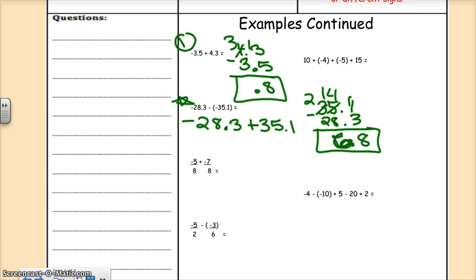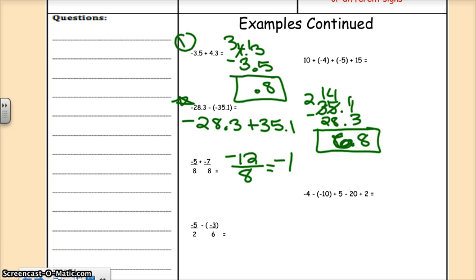The next one, negative 5 over 8 plus negative 7 over 8. That's nice and easy. I know that I have two of the same signs, so I just add them up. 5 plus 7 is 12. Keep it negative over 8. 8 goes into 12 one time, so I would just turn that into negative 1.